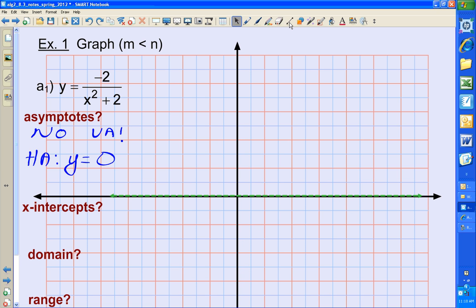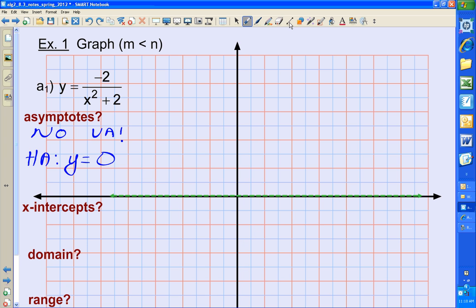The way that I do it is I cover up plus 2, and I do negative 2 over x squared, and I reduce that. Can you reduce negative 2 over x squared? You have a number on the top and a variable on the bottom. What did I tell you that the limit of that was? 0. So y equals 0. Either way works fine for me. But you want to have it written down so that you can study it. And you need to memorize these things.